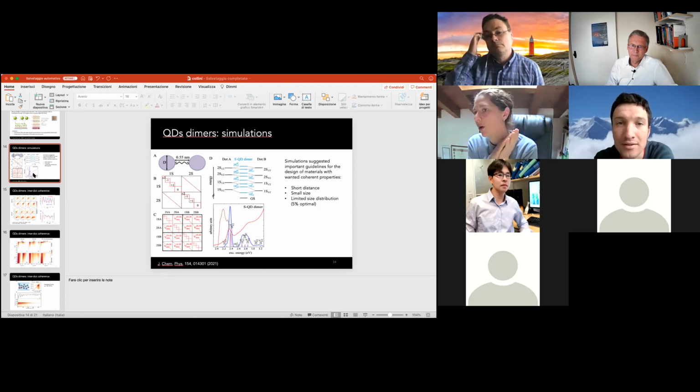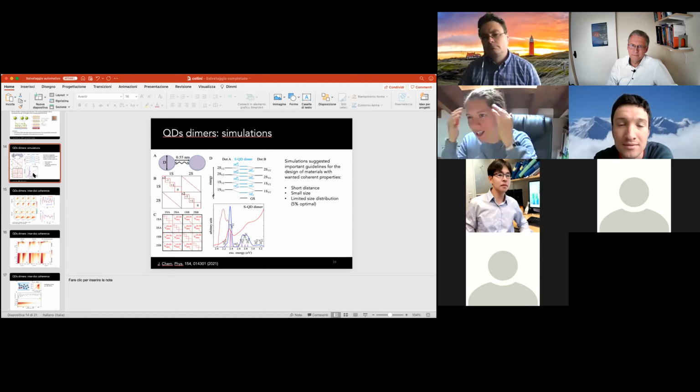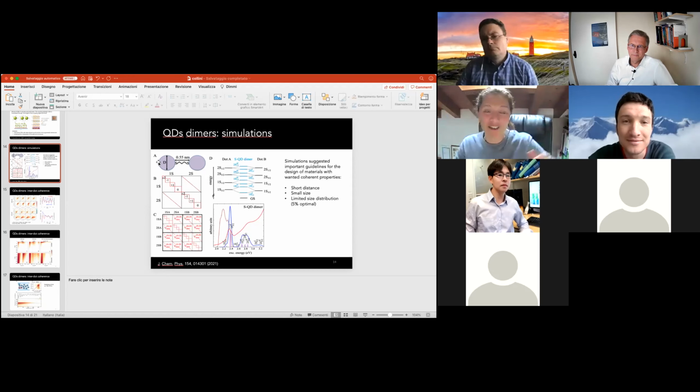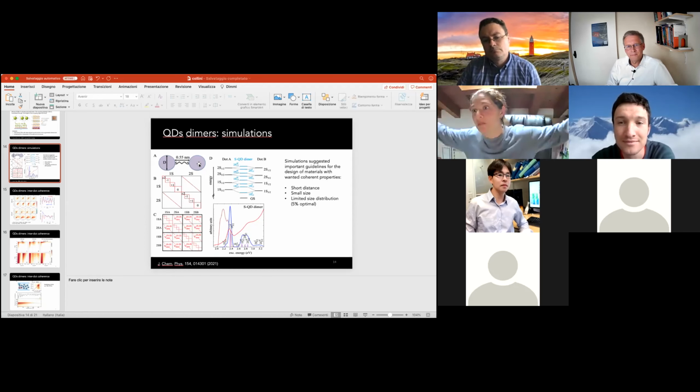In my experimental mind, if you have a very big dot, since the distance between the dots is counted among the centers of the two dots, the bigger the dot is, the longer the distance becomes. So if you try to do dimers with, like, 6 nanometer dots, this is not going to give rise to the quantum behavior we need.